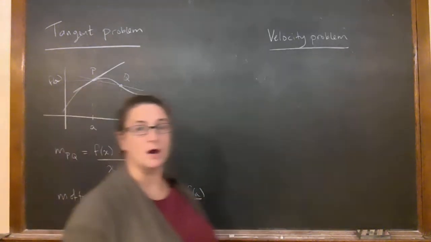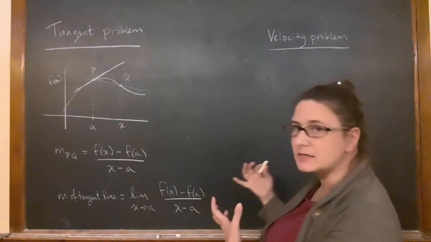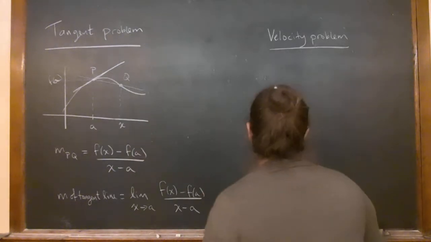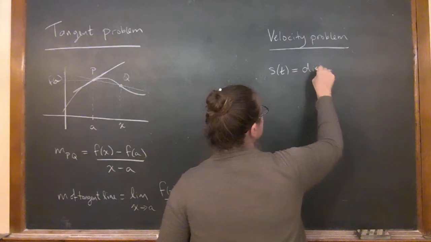In the velocity problem, similarly, but different context, but similar math, right? Because we had some function s of t, and this is the distance.